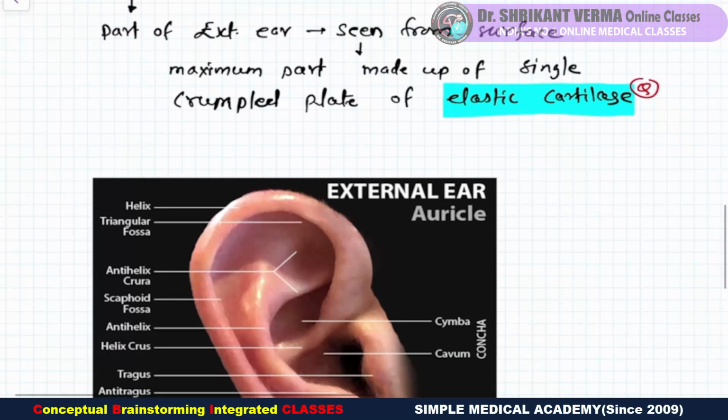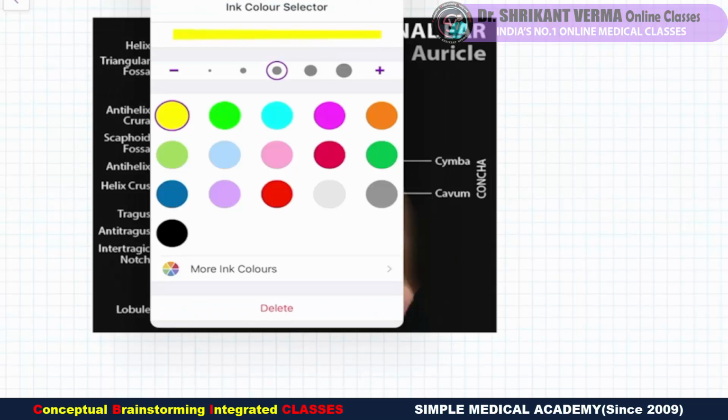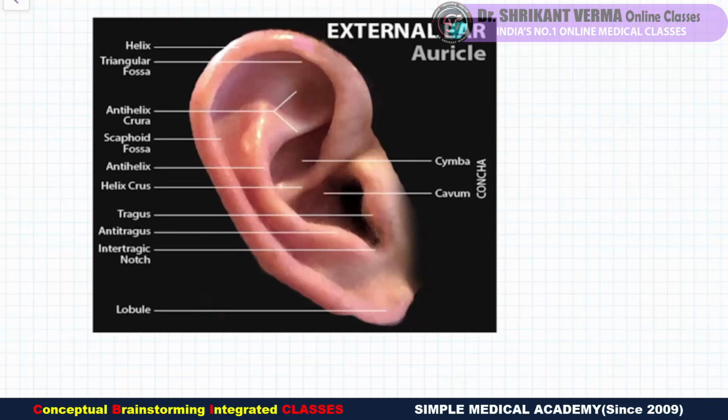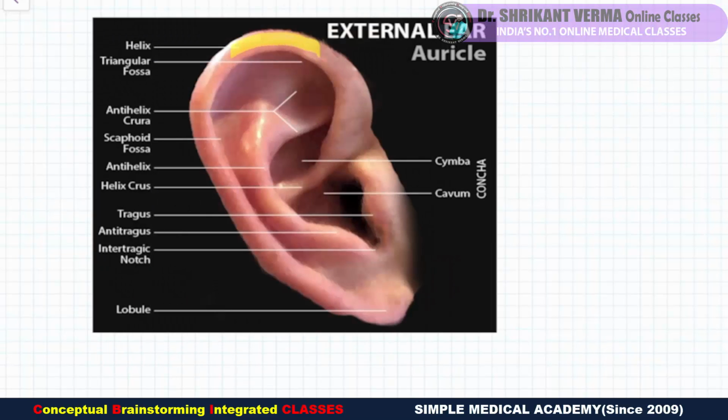Fine. Now try to understand what are the different parts you can observe in the ear. The outward turning portion, the outermost part, is our helix, and at the lower portion there is no presence of cartilage.